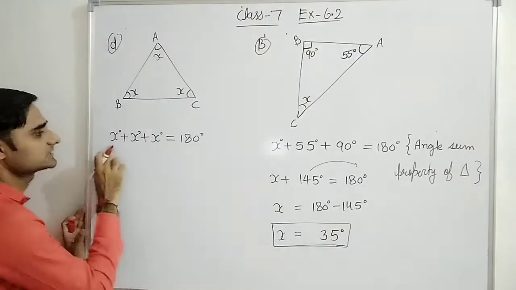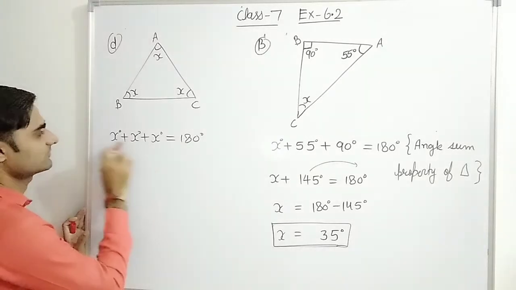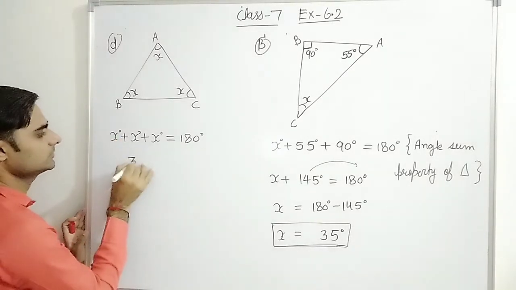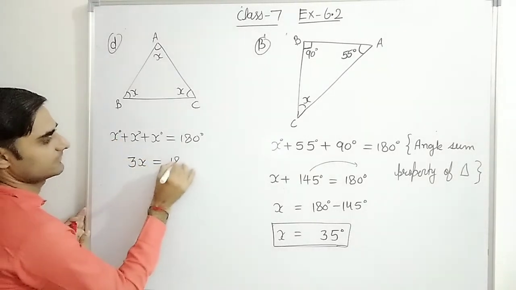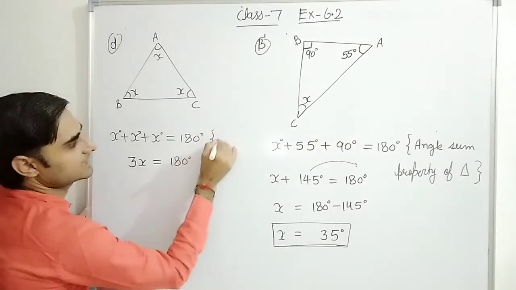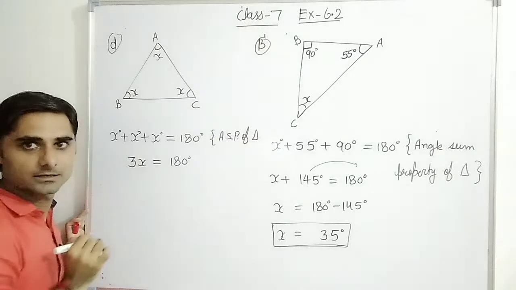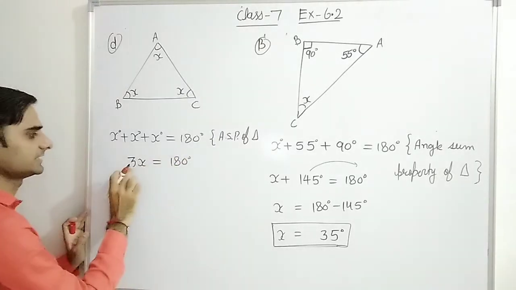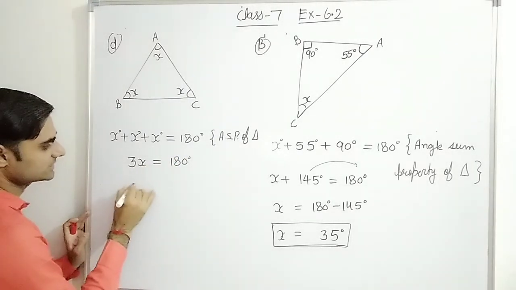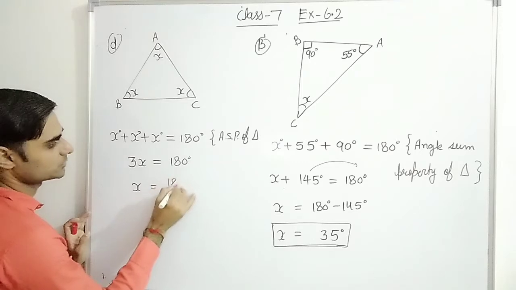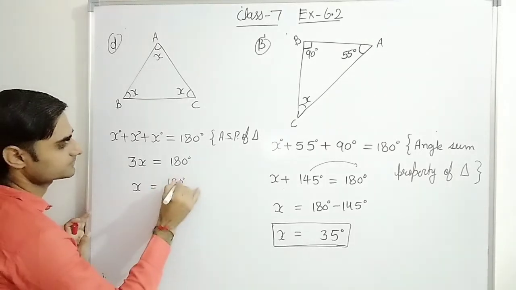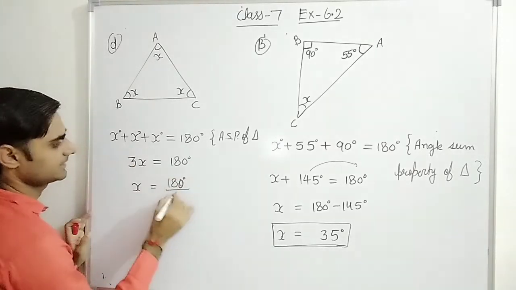So now the sum of these all, x plus x, 1x, 1x, 1x is equal to 3x, will be equal to 180 degree. What reason to write? Same, angle sum property of triangle. Okay, in short I have written here. So this is multiplication, so x will be equal to 180 degree divided by 3.